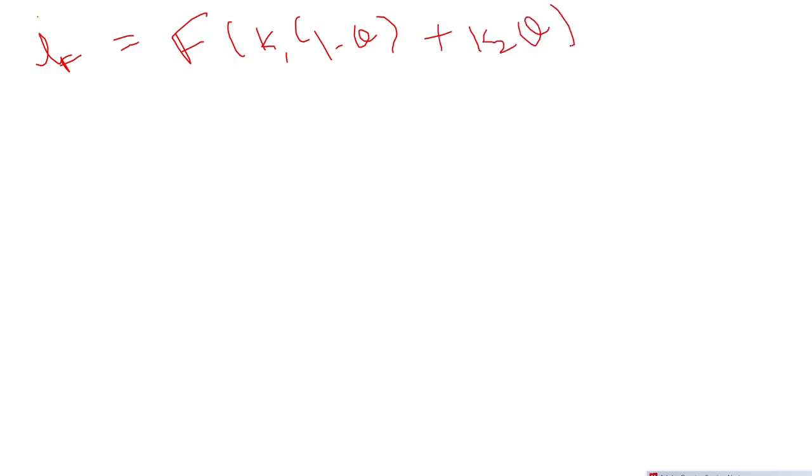Then after that, what you will do is find out I_F. So how will you find out I_F? You have the expression k1 into 1 minus theta plus k2 theta.